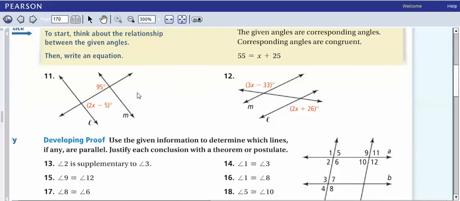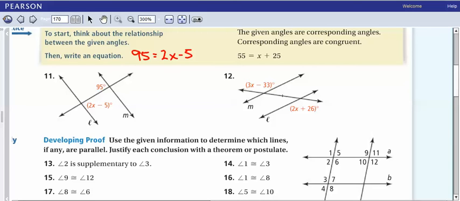In number 11, what has to be true about these two angles for L to be parallel to M? What kind of angles are they? Alternate interior. So doesn't 95 have to equal 2x minus 5? Because if alternate interiors are congruent, L is parallel to M. So solve for x.